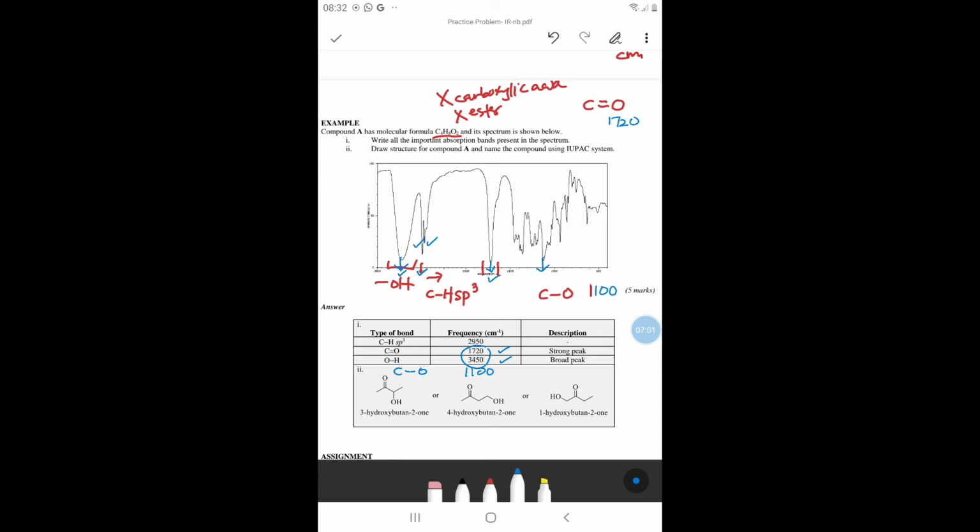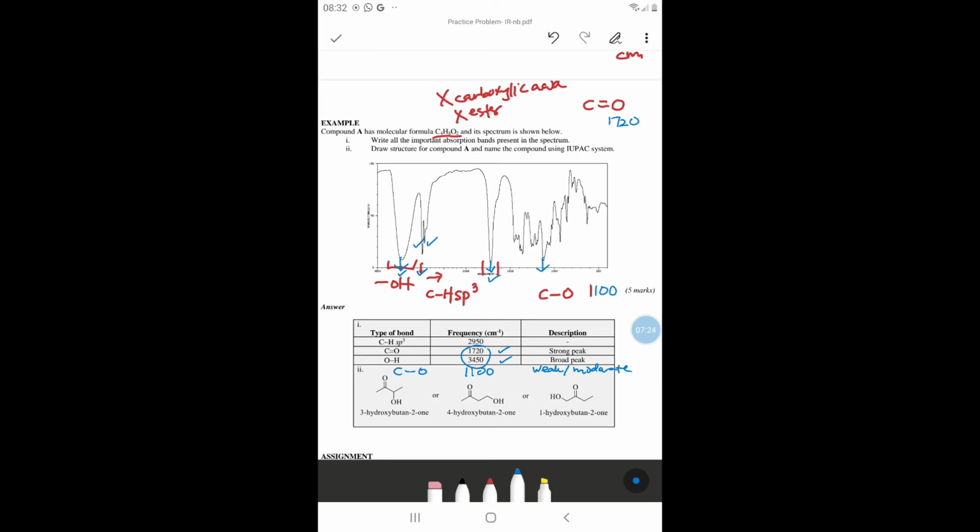Normally for CH sp3 or C-O, the peak is weak or moderate. But since there are so many moderate or weak peaks, that's why we didn't put that, because we want something significant, that is very clear, where you see the difference from other peaks.